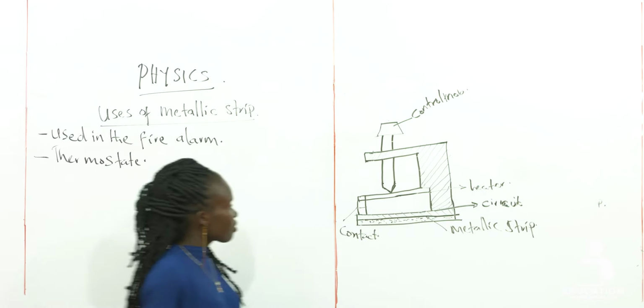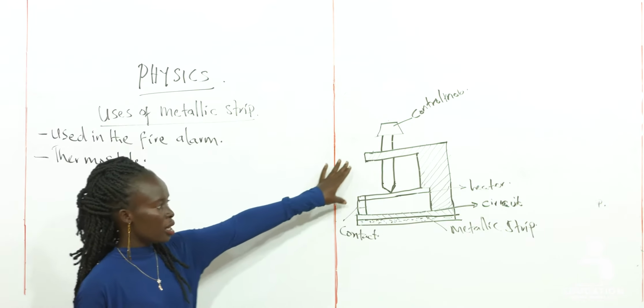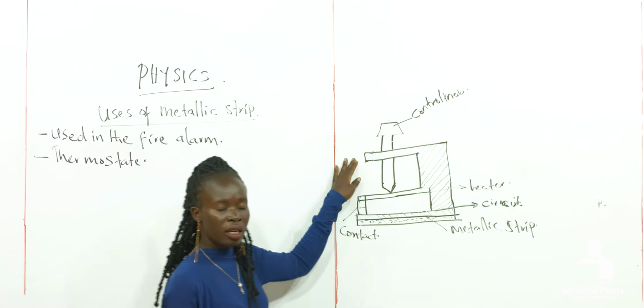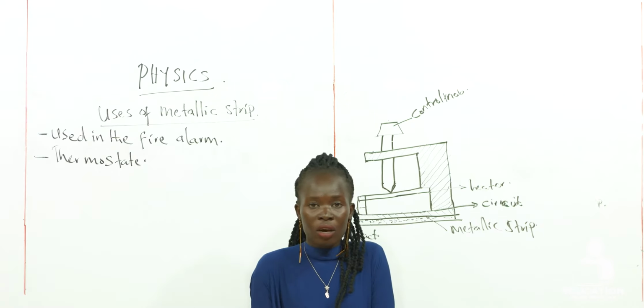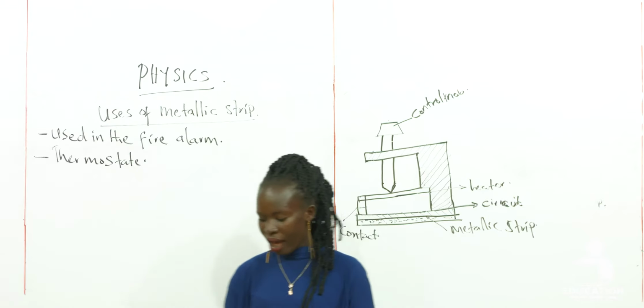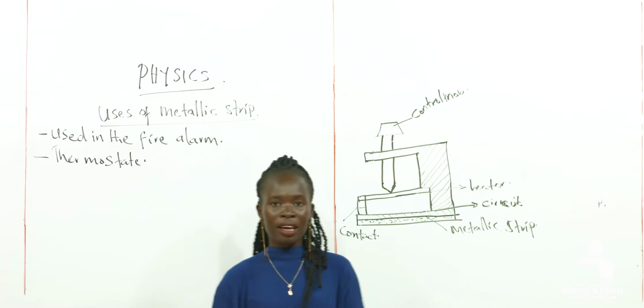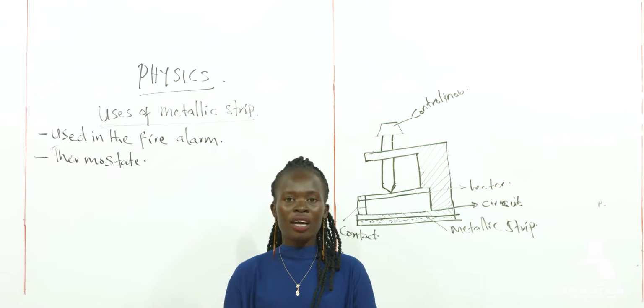So this is the kind of thermostat that is actually used in the electrical iron, because there is a charcoal box and then we have the flat iron. Those two are different.